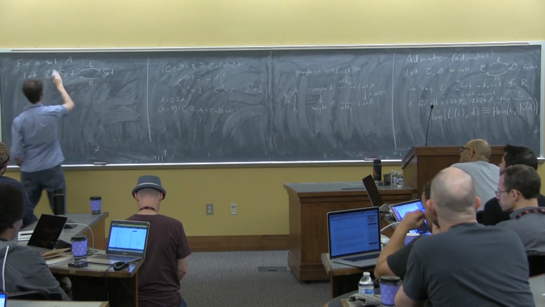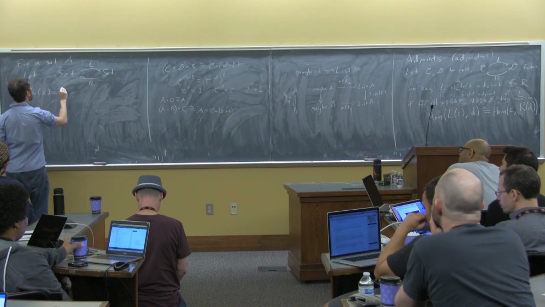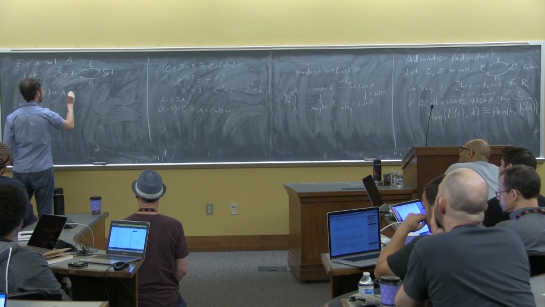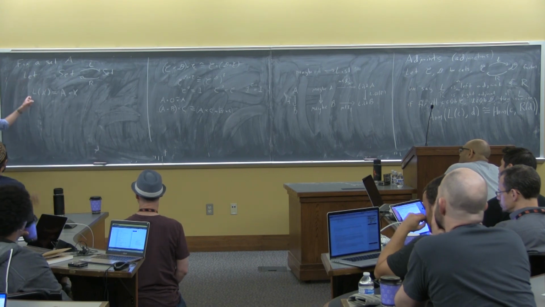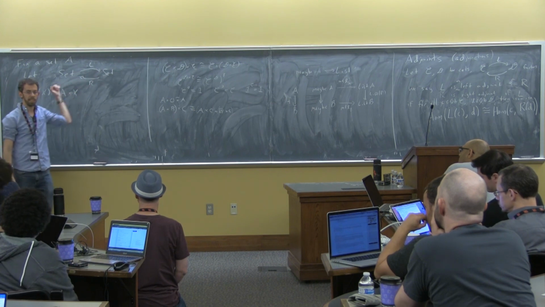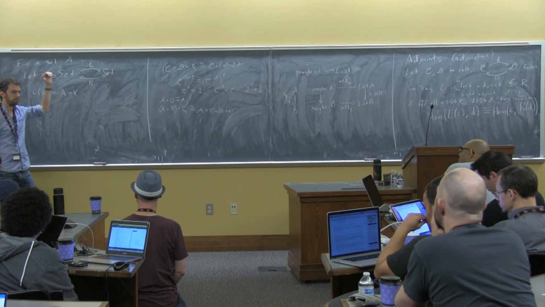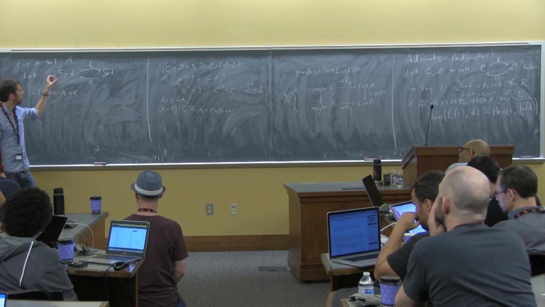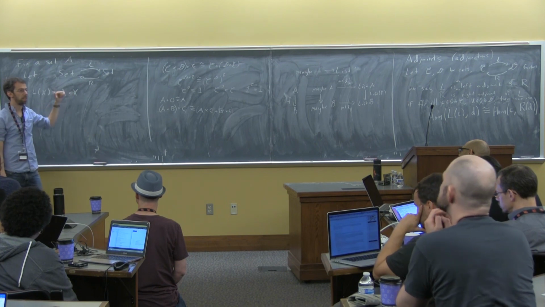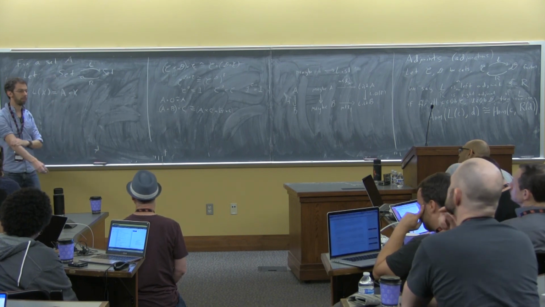Let L of X be A times X. That's a functor from Set to Set. It takes every set and returns a set. It takes int, returns A times int. It takes a map from string to int and returns a map from A times string to A times int, by doing identity on the A side and the map on the other side.